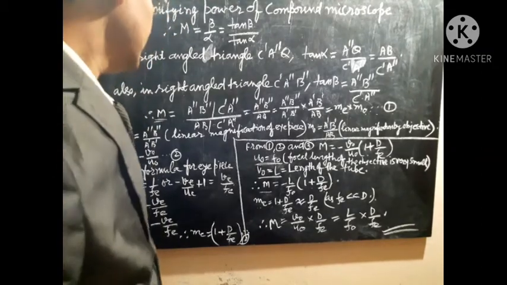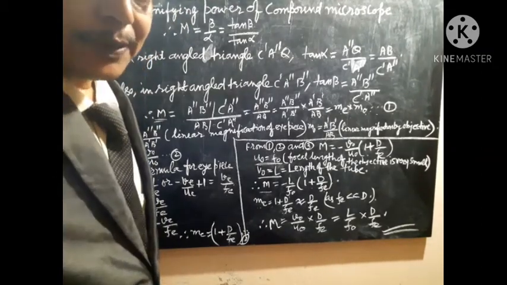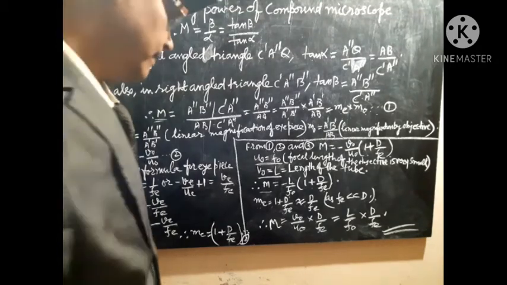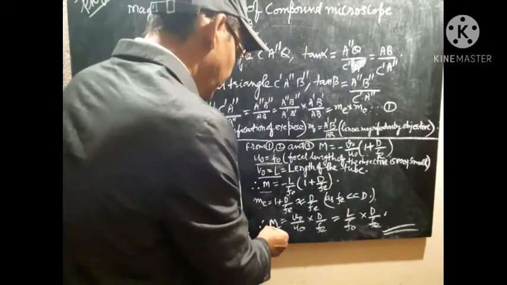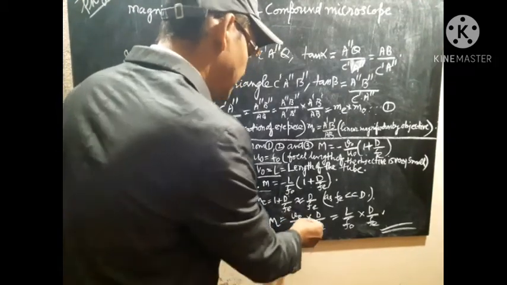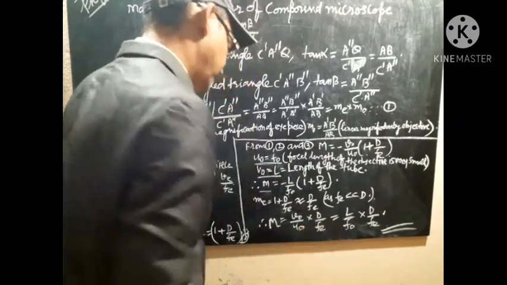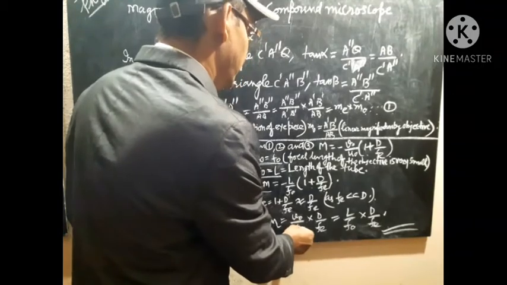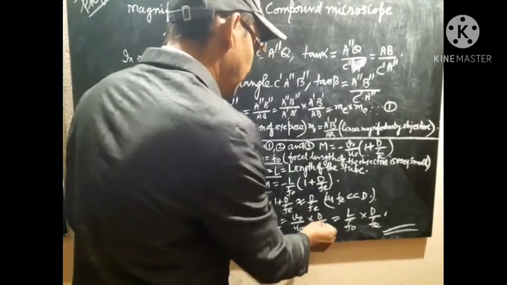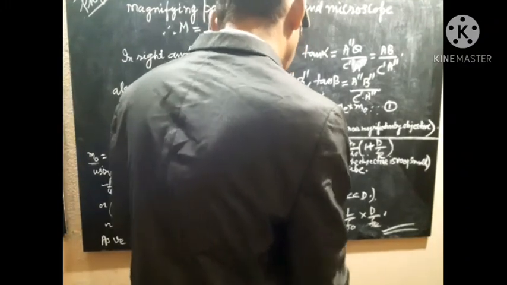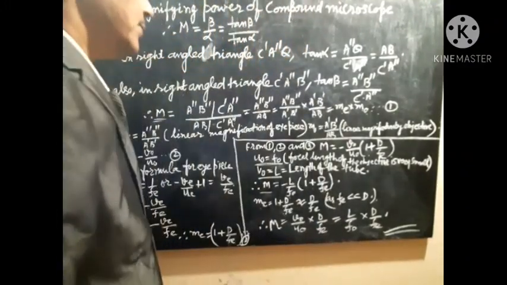Here you are taking the eyepiece lens to be smaller in comparison to the objective lens. So M is equal to VO by UO multiplied by D by FE.